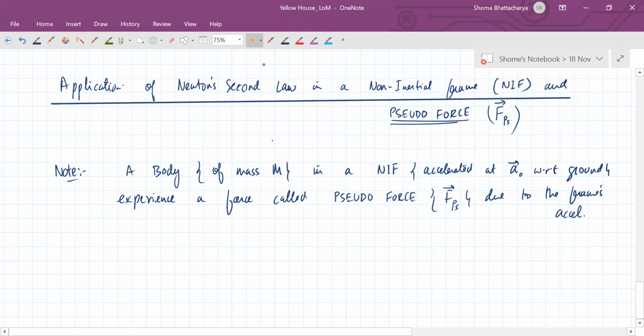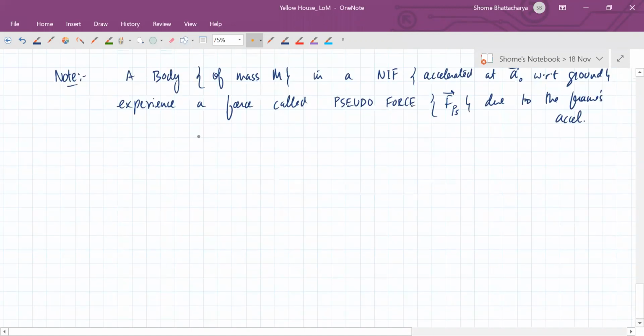Now, before we get into the formula and mathematical expression of this force, let us understand this force with a couple of examples.